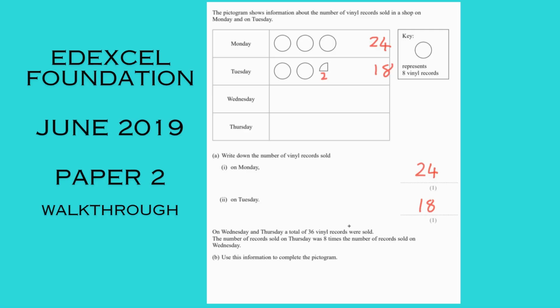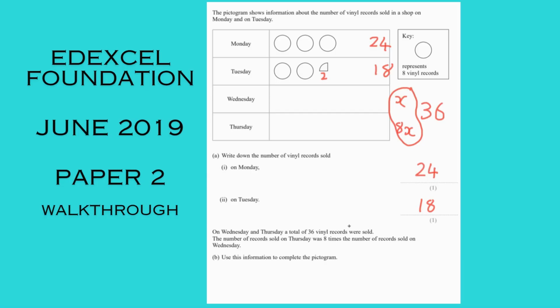On Wednesday and Thursday, 36. The number of records sold on Thursday was 8 times, so whatever that is, that's 8 times bigger. Or in other words, 9 shares. So you do 36 divided by 9.